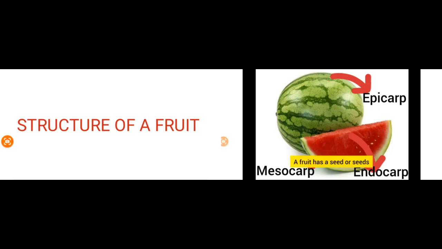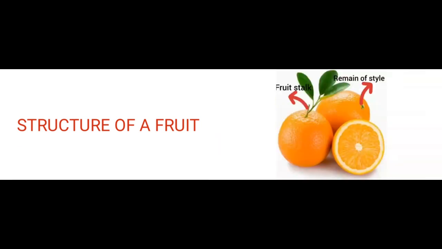A fruit has a seed or seeds, as the case may be. A fruit has the remains of the style or a scar, showing points of attachment of the style. A fruit has a stalk, showing the point of attachment of the fruit to the plant, as you can also see in the diagram.